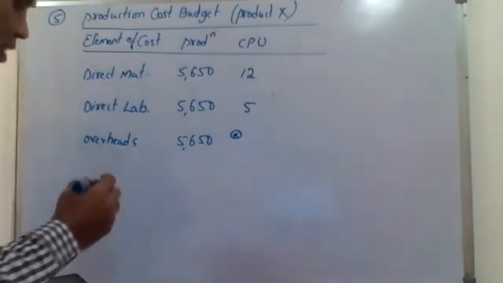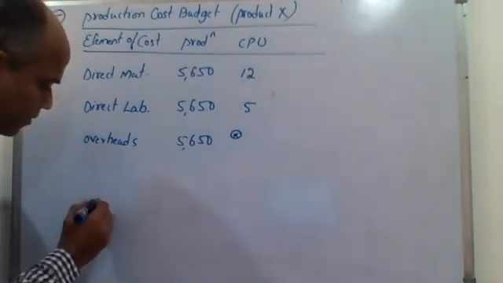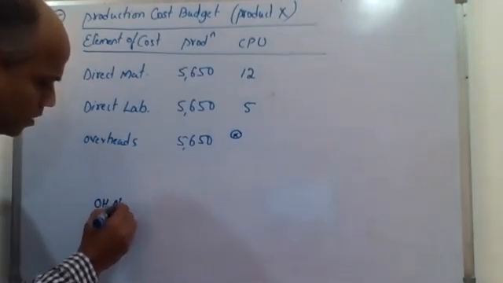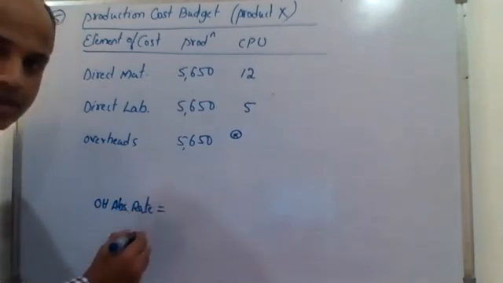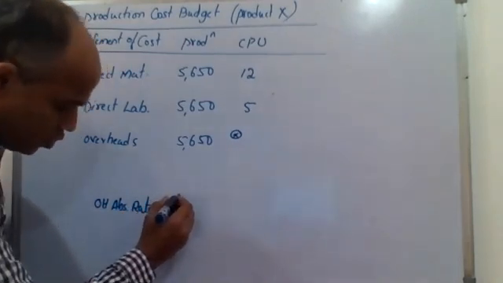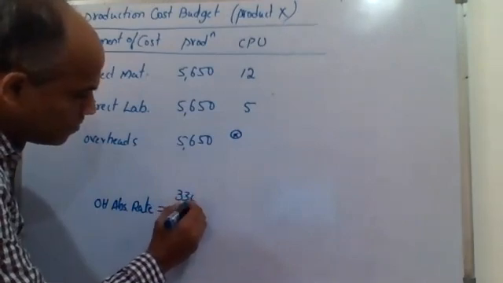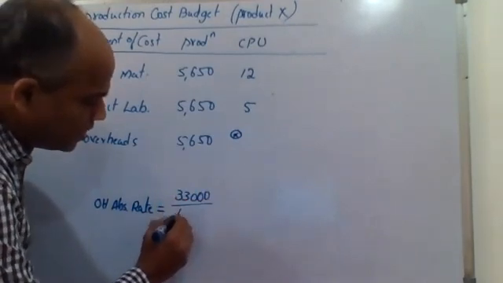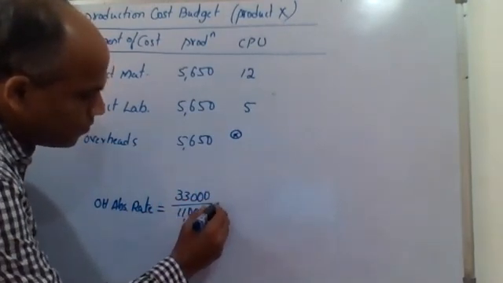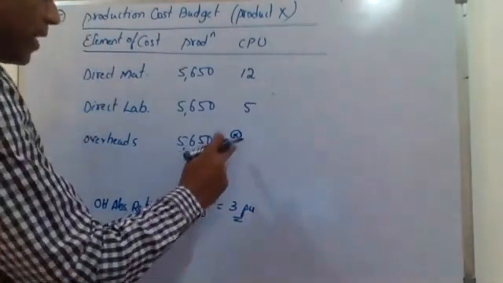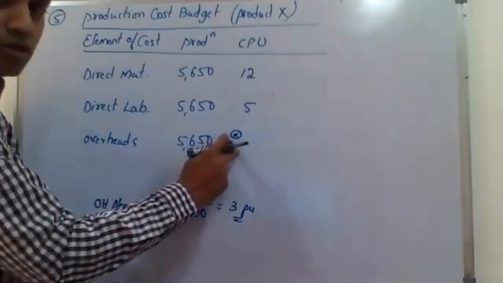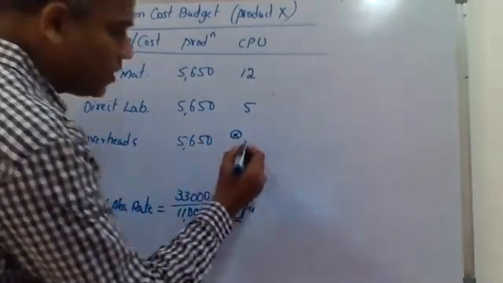So we have to find the overhead absorption rate. The total overheads is 33,000 rupees for budgeted 11,000 units, so it is 3 rupees per unit. I am not going to write 33,000 here because 33,000 is in total. I will write 3 rupees per unit.